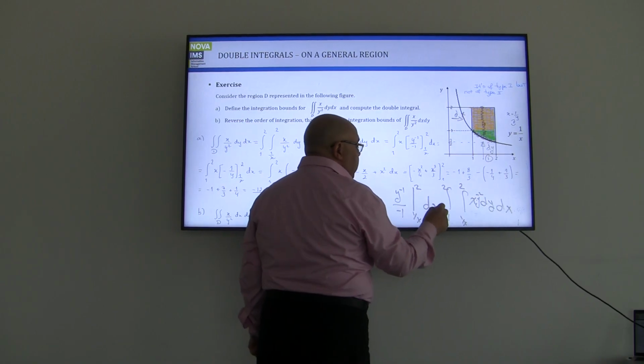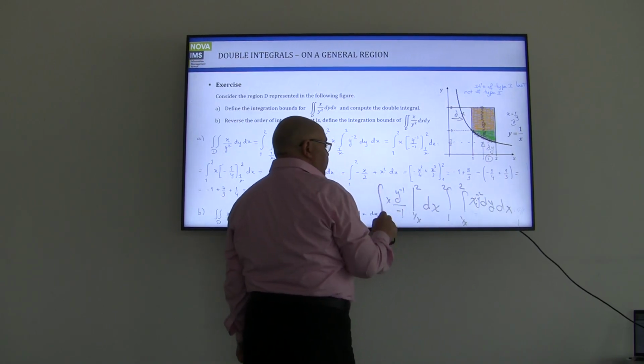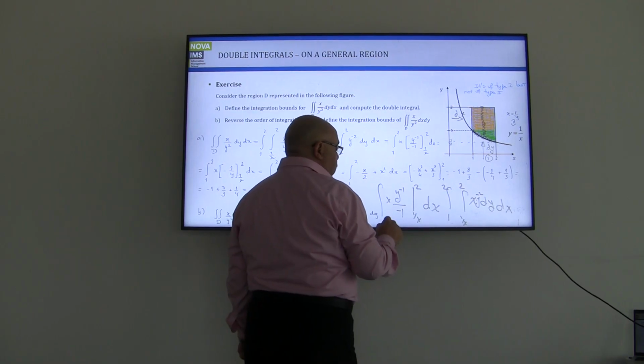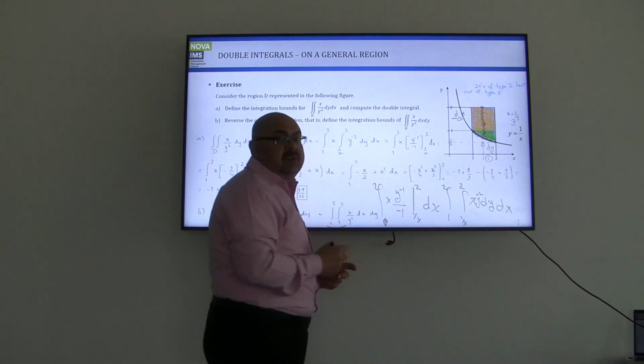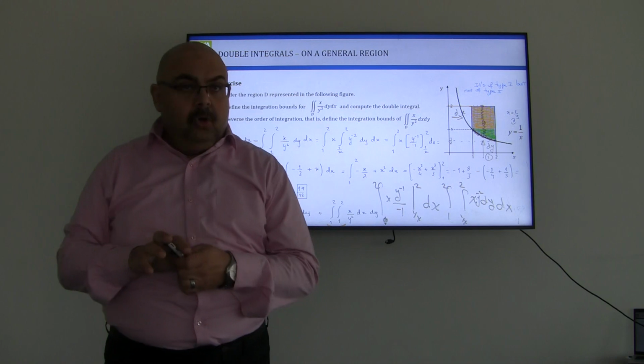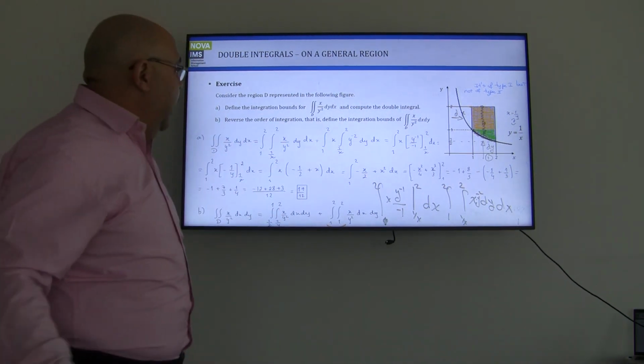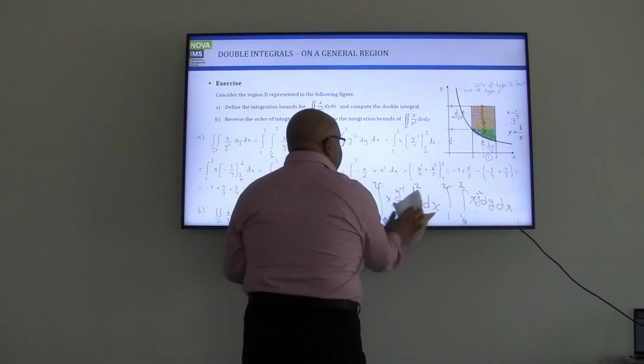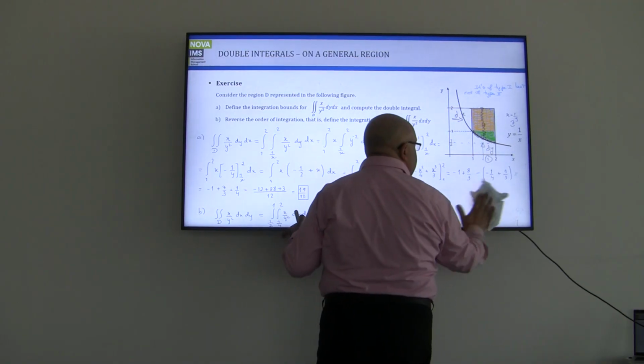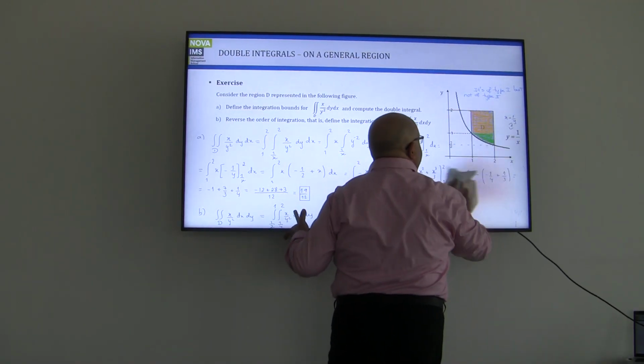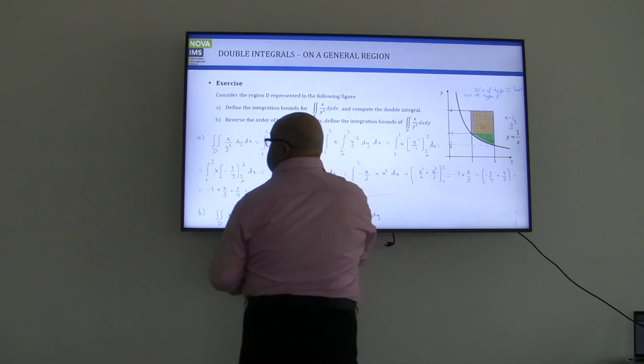Then finalizing by dx, from 1 to 2 as you can see. It's very, very simple. Also, once you know how to enter the region and determine the direction, the problem is solved and you already have it as you can see.